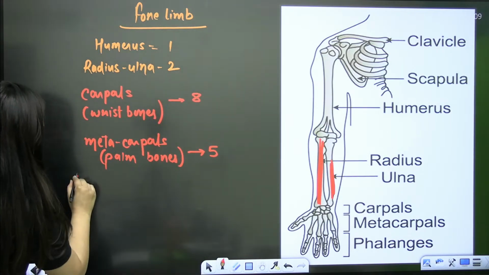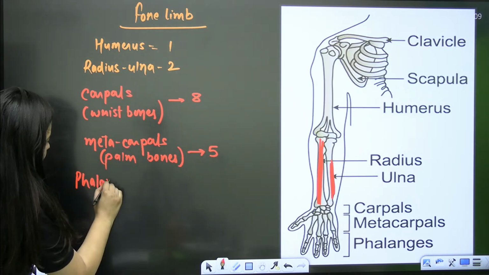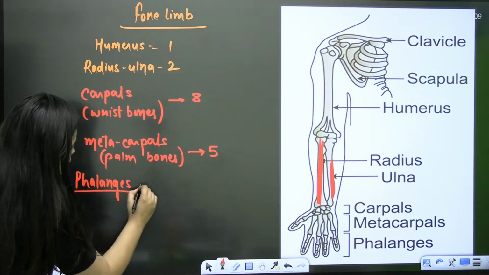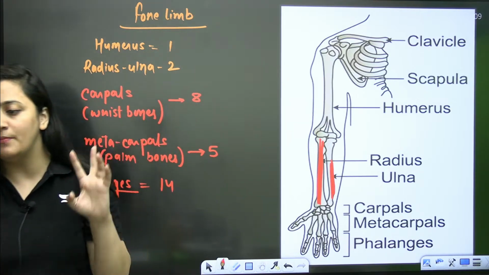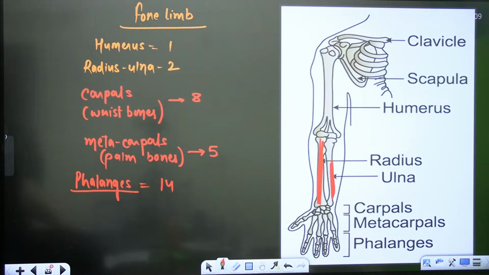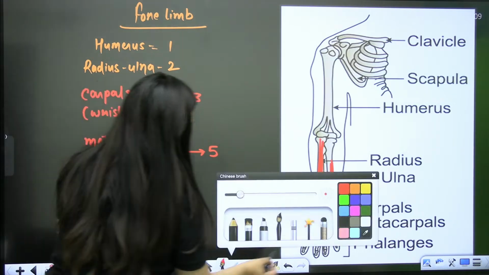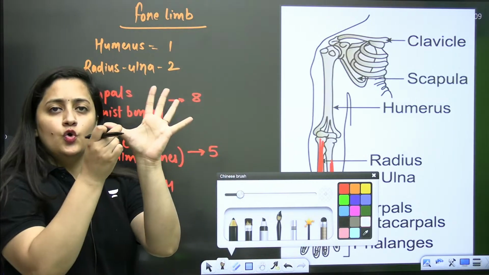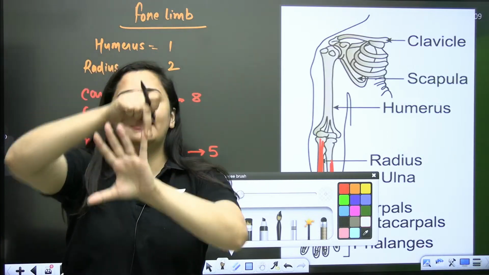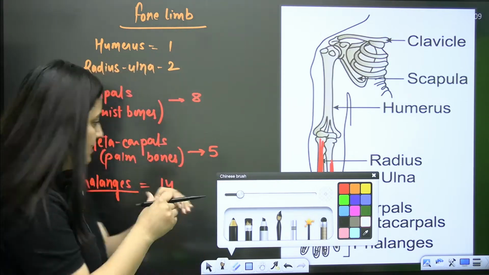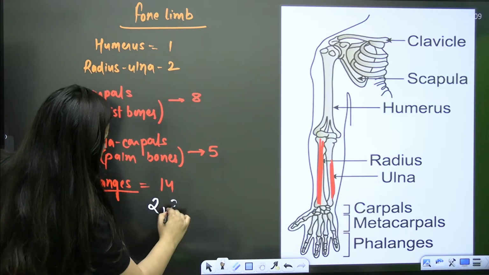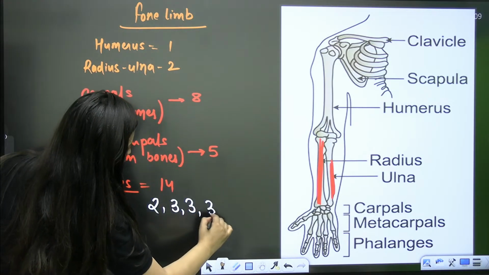Then comes the phalanges. Total 14 are there. And there is a phalangeal formula. Do you know that? From the phalangeal formula, a question can come. 2, 3, 3, 3, 3. 2 bones here, then 3, 3, 3, and 3.